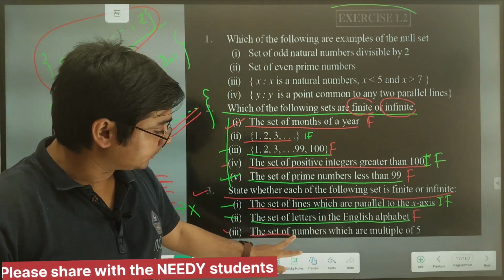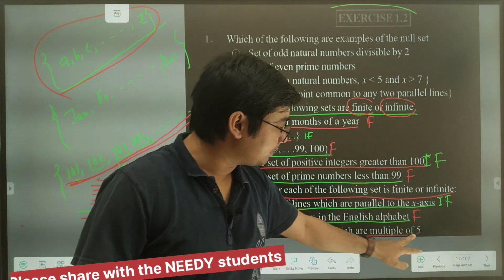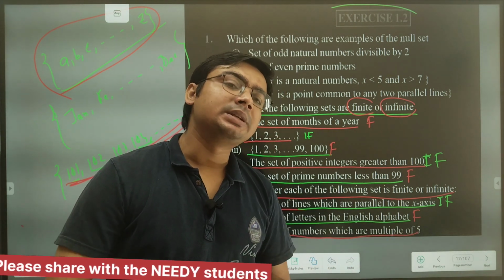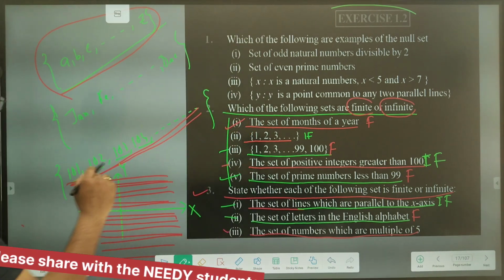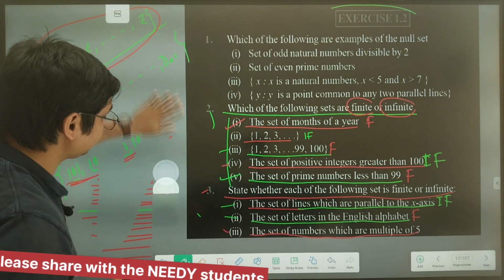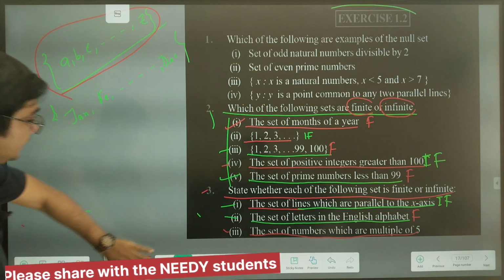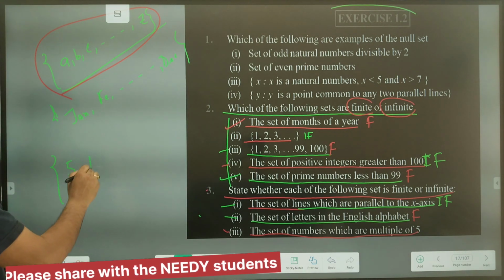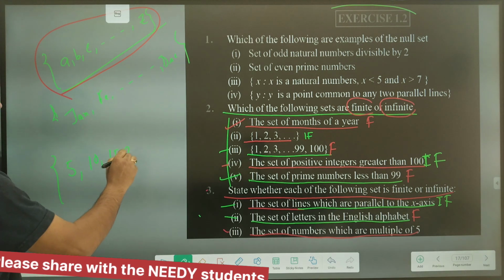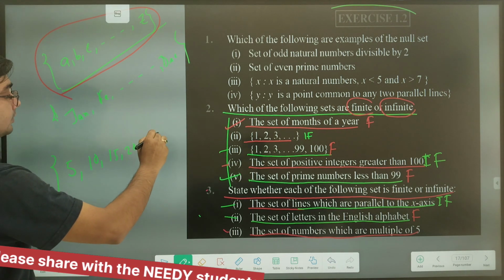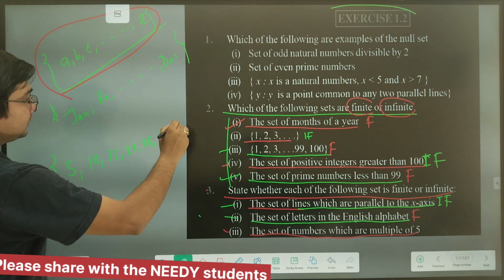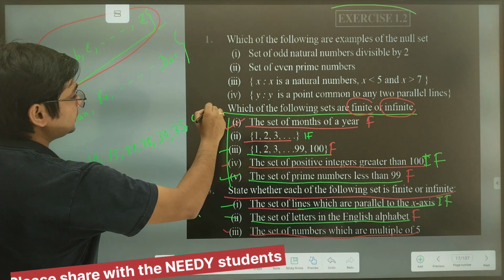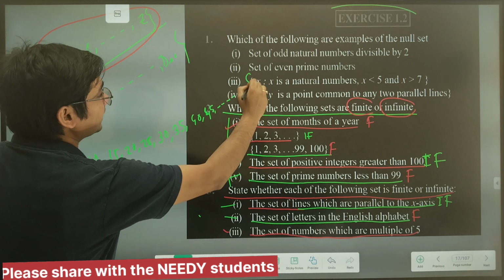The set of numbers which are multiples of 5. If we write it this way: 5, 10, 15, 20, 25, 30, 35, 40, 45, 50, 55, and so on.